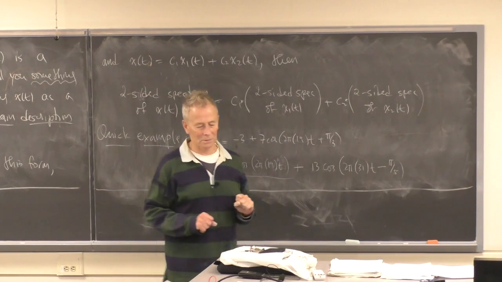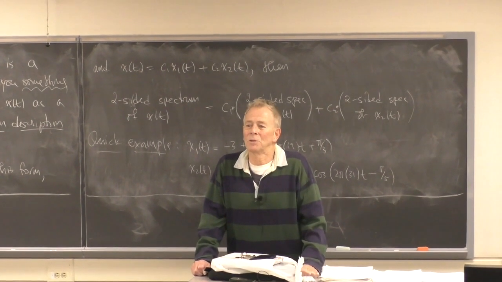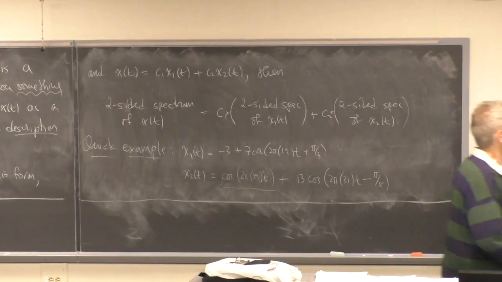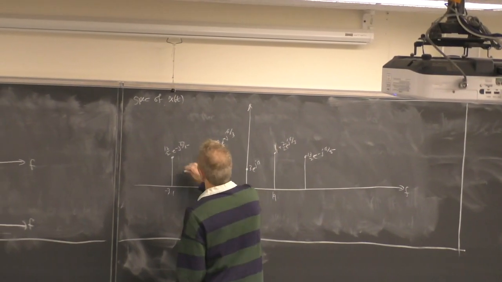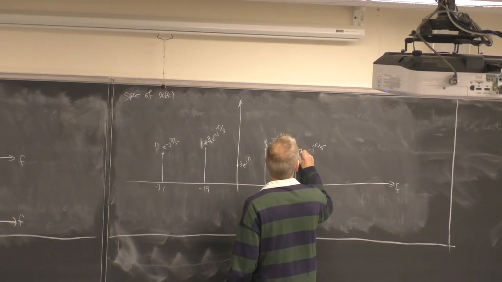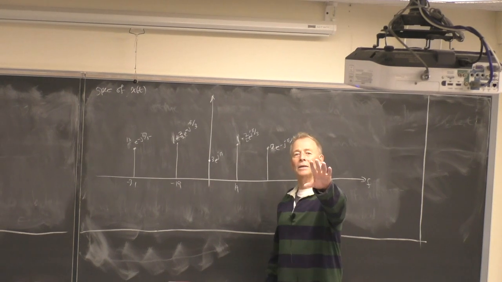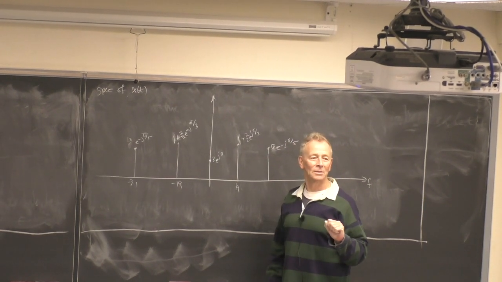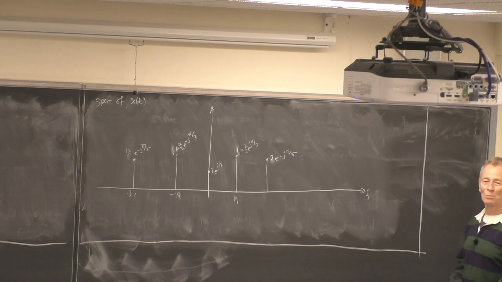Yes? Are you just adding them together? Oh, I forgot the 2, right? So let's fix that. This is going to be 1 plus, how about that? And this is going to be 13 with no half. Thank you for fixing that error. Unfortunately, we can't go back and change the video, so for posterity, we can blur my face.